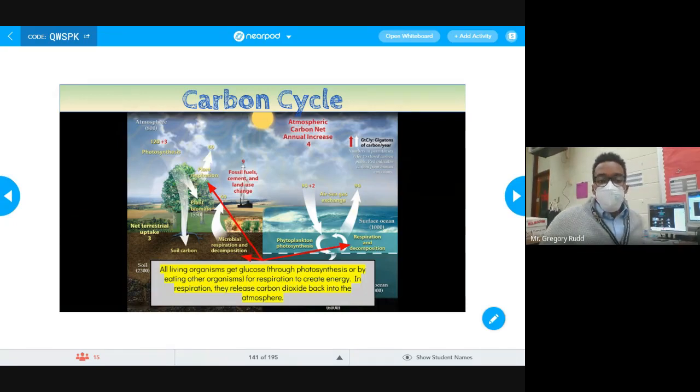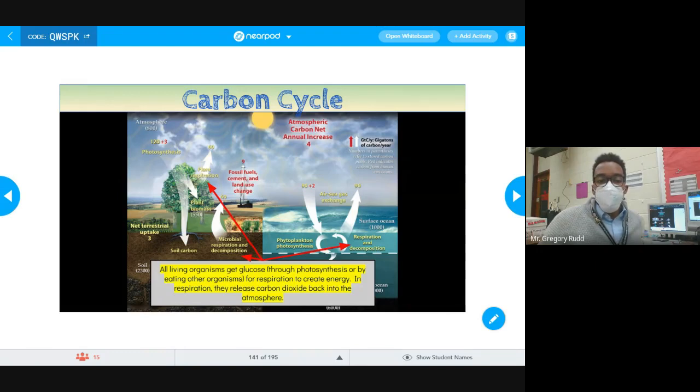All living organisms get glucose. Some of them get glucose through photosynthesis, others get it by eating other organisms. They all need glucose for respiration, and the goal of respiration is to create energy. In respiration, they release carbon dioxide back into the atmosphere. That's a part of respiration.